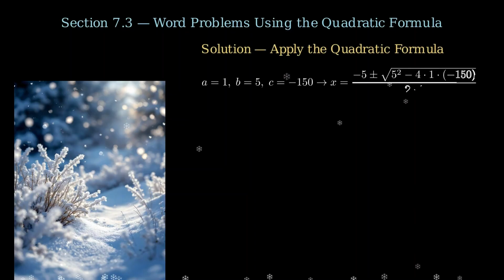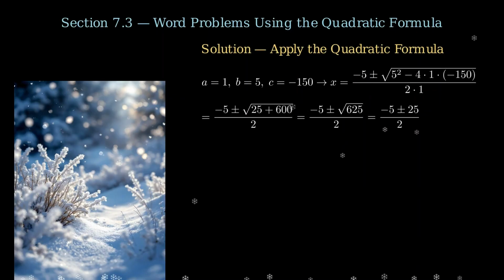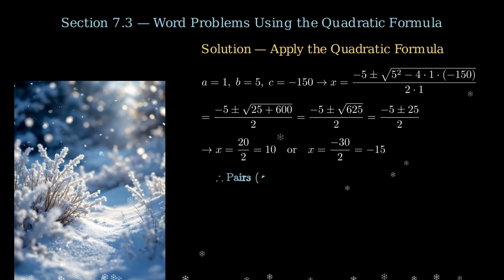Now, we identify a equals 1, b equals 5, and c equals negative 150. Substituting these into the quadratic formula, x equals negative 5 plus or minus the square root of 5 squared minus 4 times 1 times negative 150, all divided by 2. The inside of the root becomes 25 plus 600, which is 625.